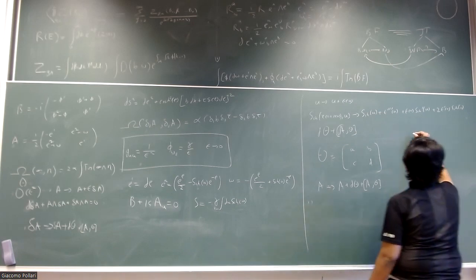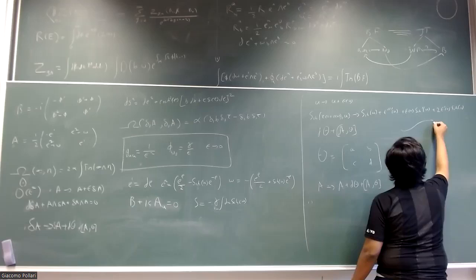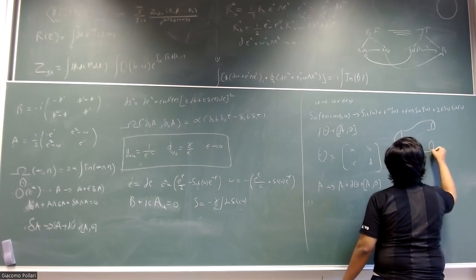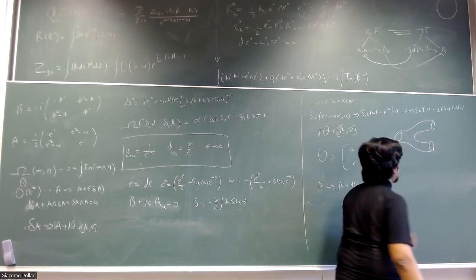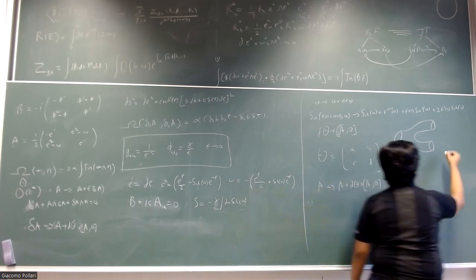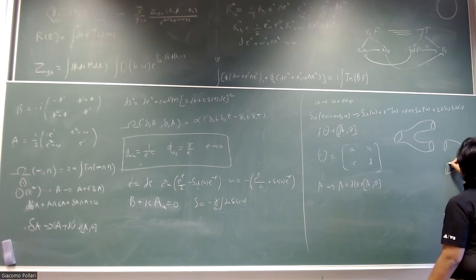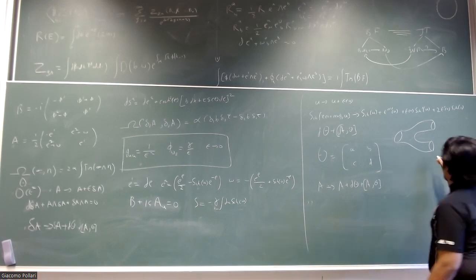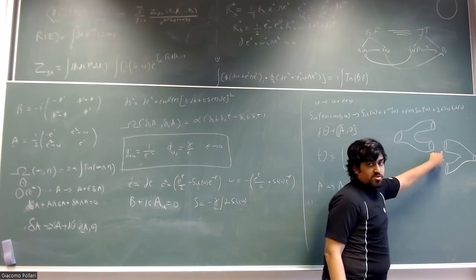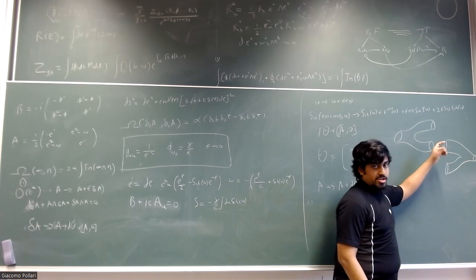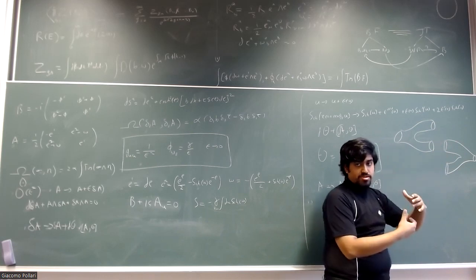So you have these pants. If you want to connect one to another pair of pants here, when you try to join these along a geodesic, the twist parameter ensures that they glue well together.